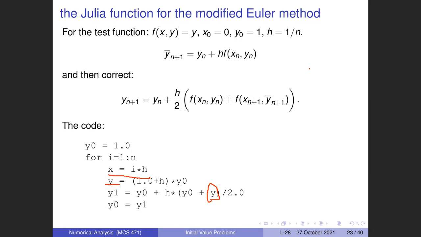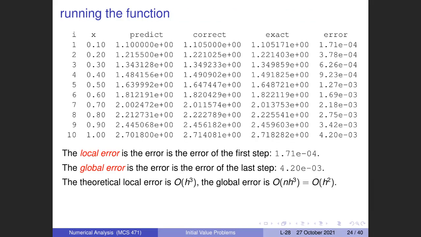Each time we reassign: we have y1 and we reassign the previous value to y0. So this is a bit of a frugal implementation because we're only interested in the very end. All right, we run the function.